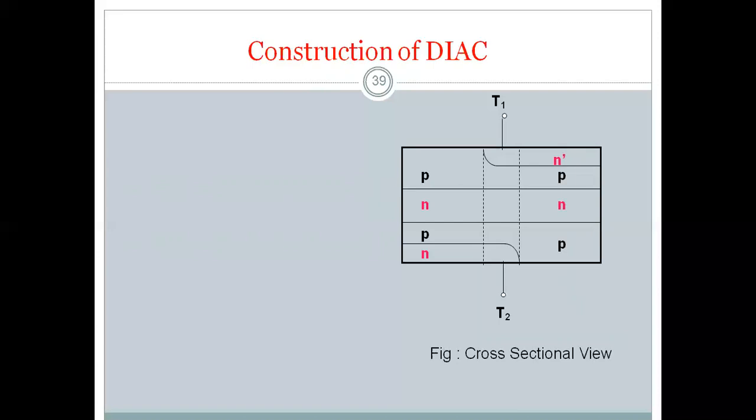As compared to a TRIAC, the operating characteristics of a DIAC are similar, but it has no gate terminal. Hence, it is also called a gateless TRIAC.